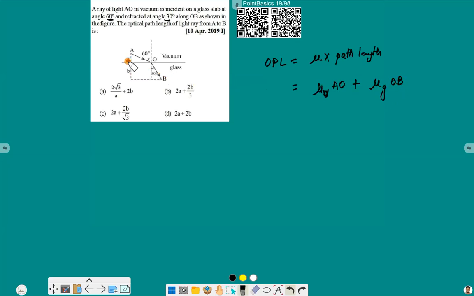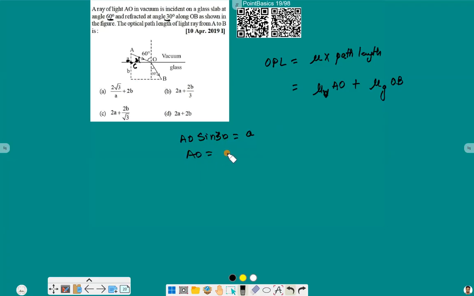Now if this is A, and suppose this is B, and suppose this is C. So we can write that AO sine 30 is equal to small a.